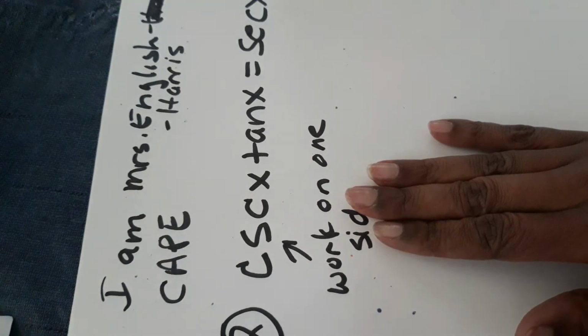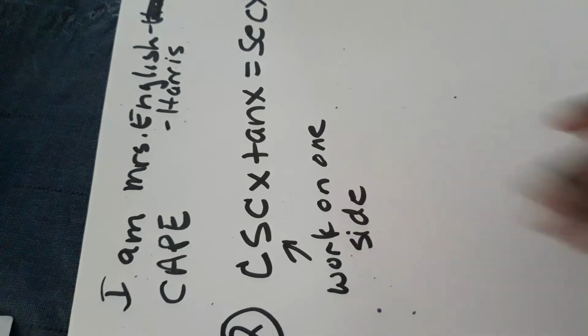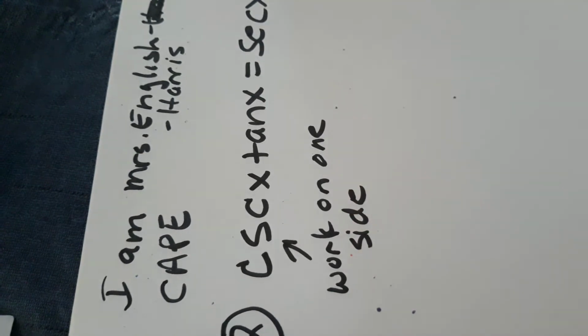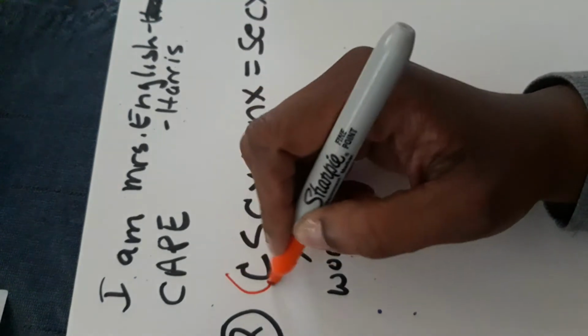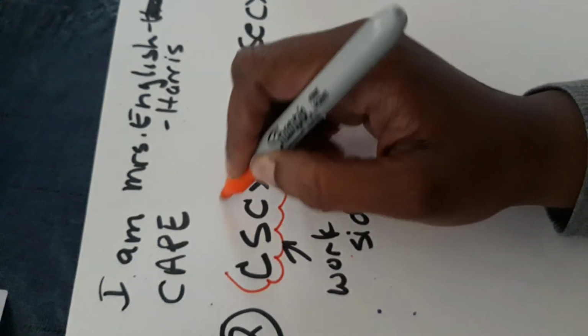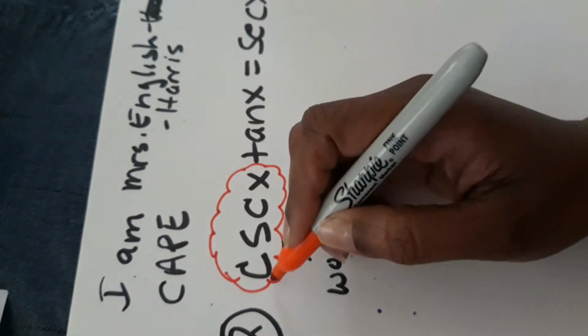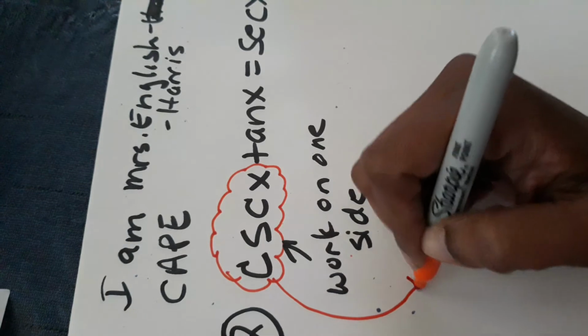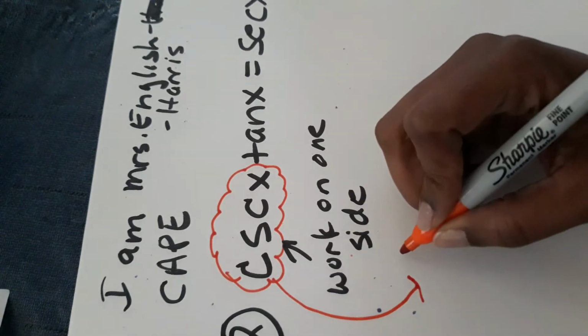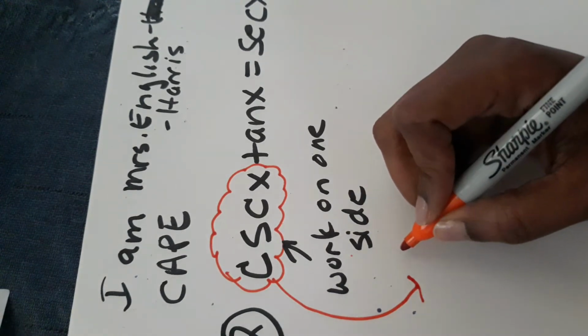Okay, so the first thing we're going to do is we're going to look at this first part of the problem, cosecant. That's our orange buddy right here. Let's bring it down. And we're going to look at some equivalent trig identities.